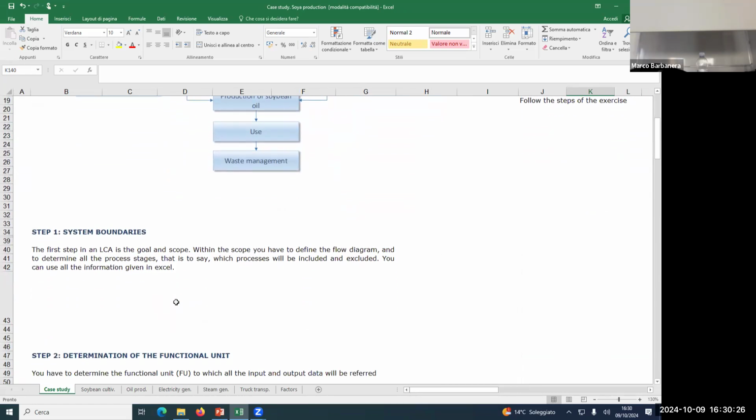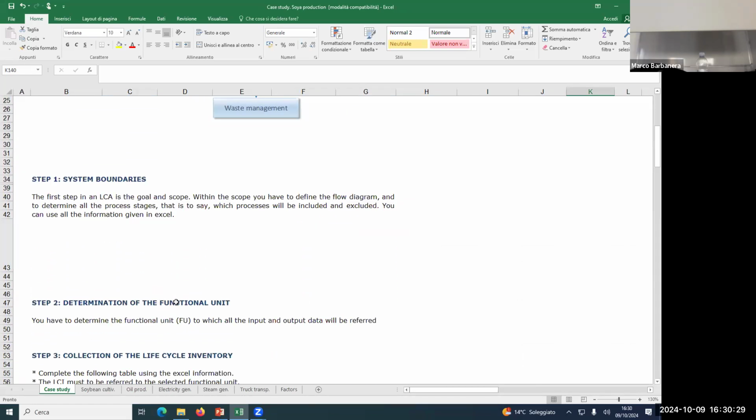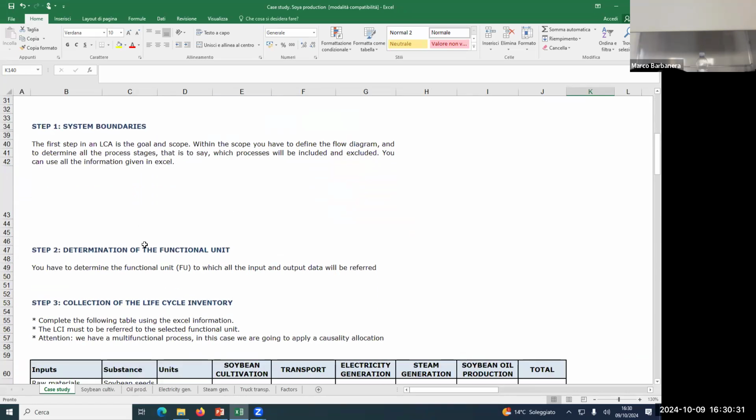And then after the definition of the functional unit, in theory, after the definition of the cutoff rules, the data quality requirements, and the method to model multifunctional processes, in this example we don't have these sections.